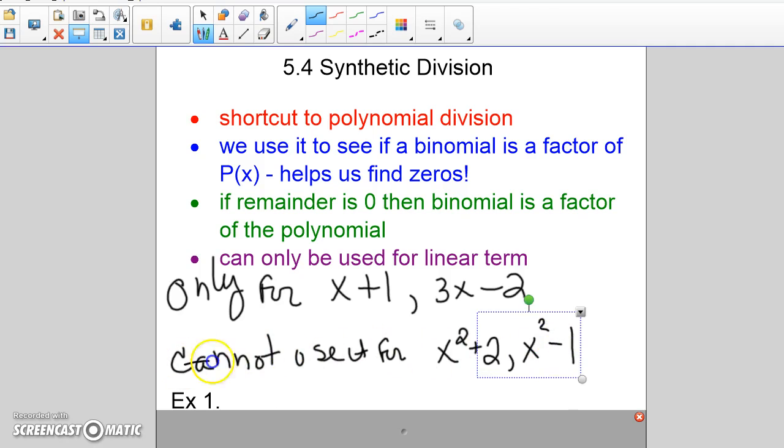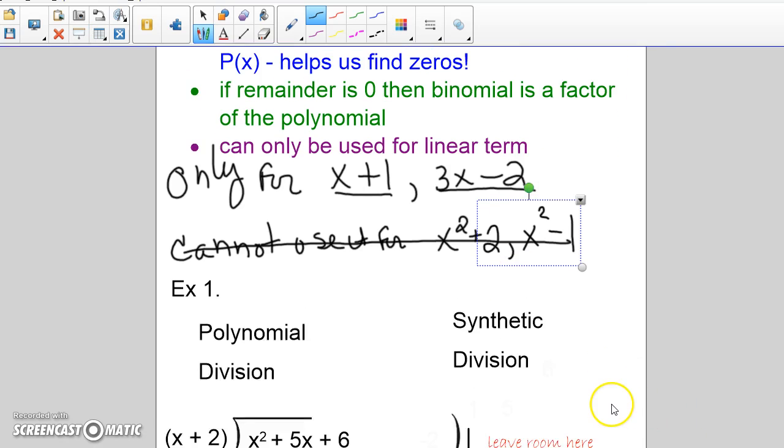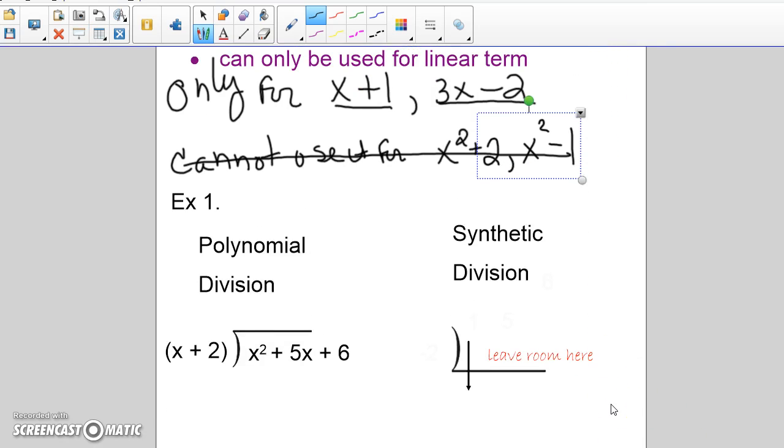I can only use it for something like x plus 1, or maybe 3x minus 2. So for a linear factor, it's these two items. All right, let's scroll down here and take a look at what I'm talking about.